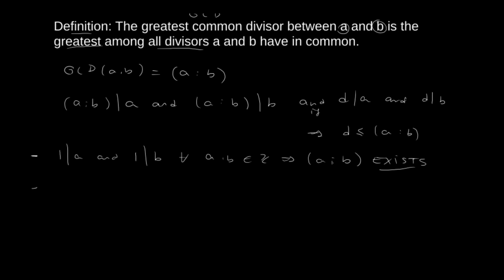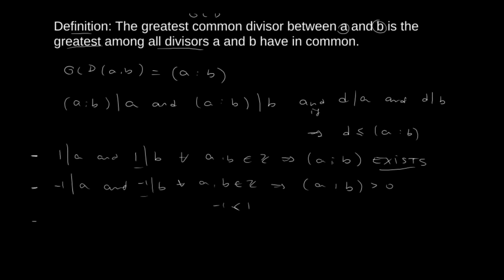For the same reason, -1 divides a, and -1 divides b for every a, b integers, and this tells us that the GCD between a and b is a positive number. Why? Well, because -1 is negative, but as we have -1, we have 1, and -1 is smaller than 1.